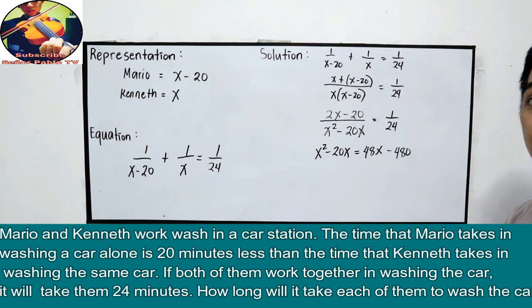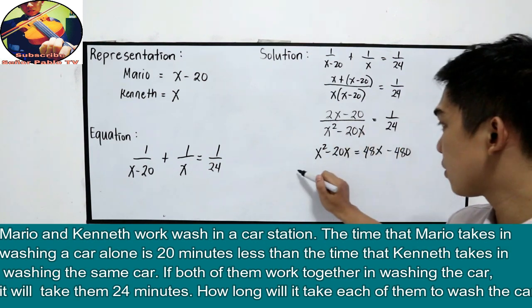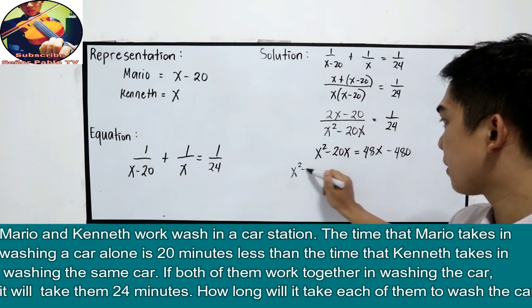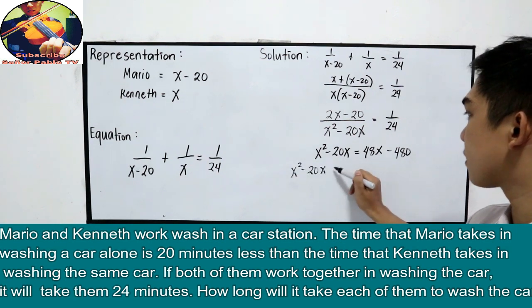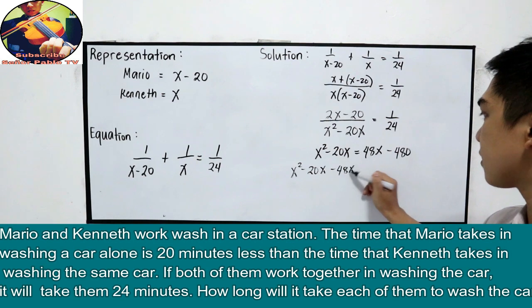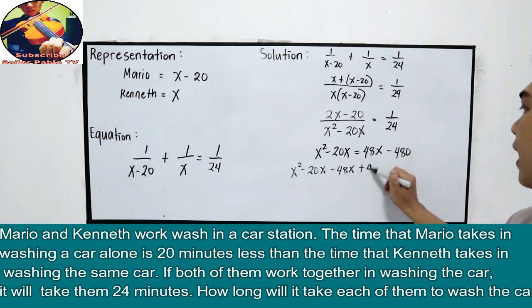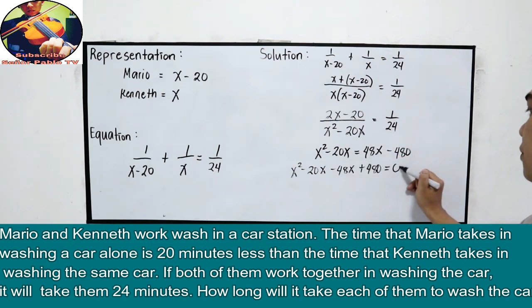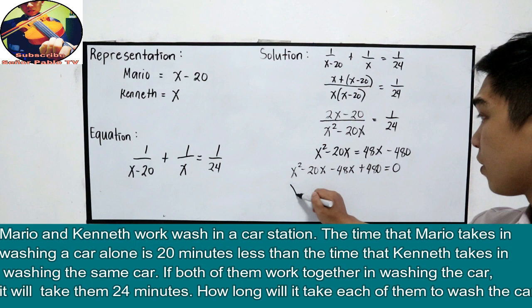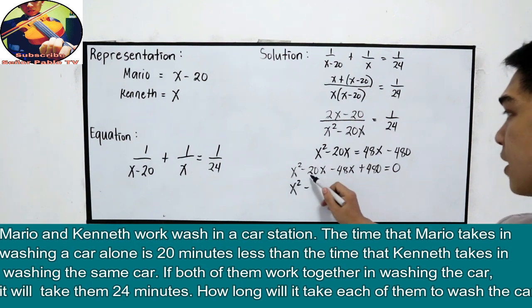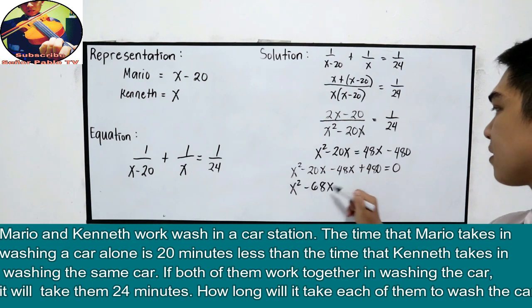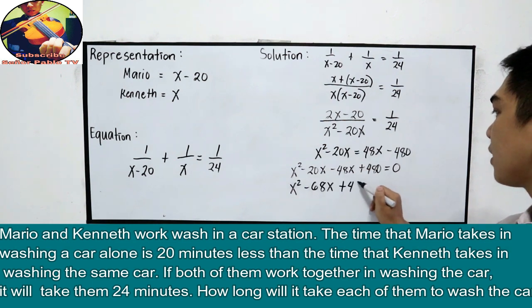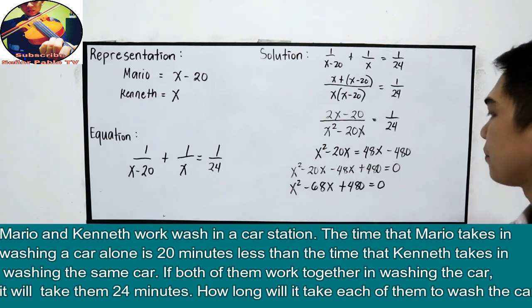Now, let us equate to 0. Transpose. So, X squared minus 20X minus 48X plus 480 is equal to 0. Combine like terms. So, X squared, negative 20 minus 48, negative 68X plus 480 is equal to 0.